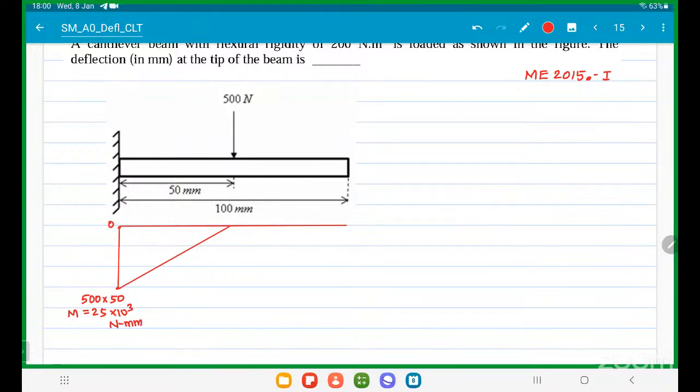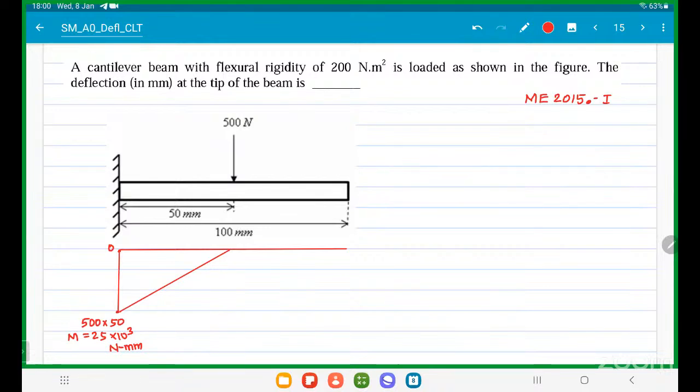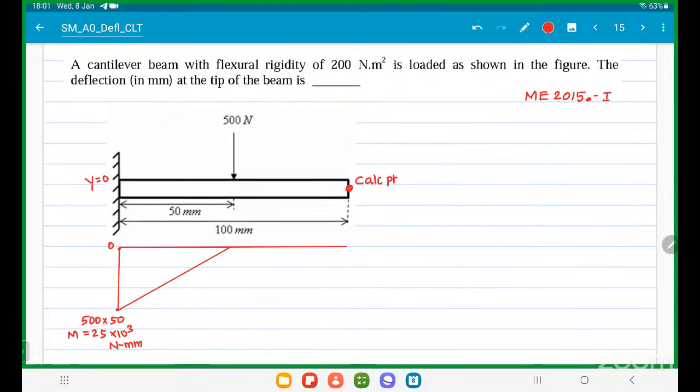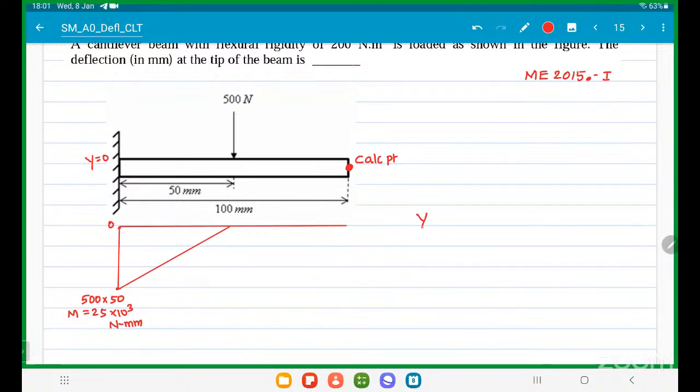Sir, I want deflection at the free end tip. So this is the calculation point. Sir, where is the zero deflection point? Y is equal to 0. Deflection is equal to A into X bar. Sir, what is the A? Distance between calculation point and Y equal to 0 point.